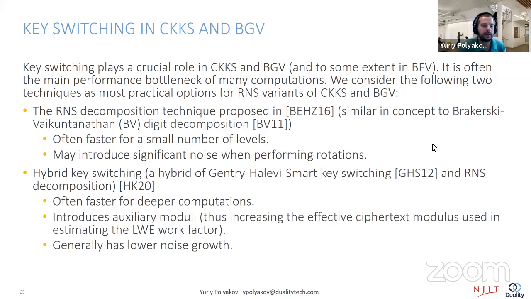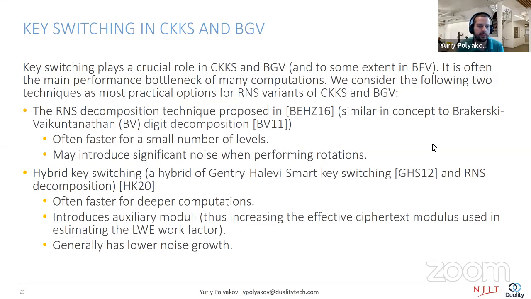This is more of a guideline, just based on our current understanding, basically the state-of-the-art choices for key switching in RNS that is specific to CKKS and BGV. Basically there are two methods that are most relevant.